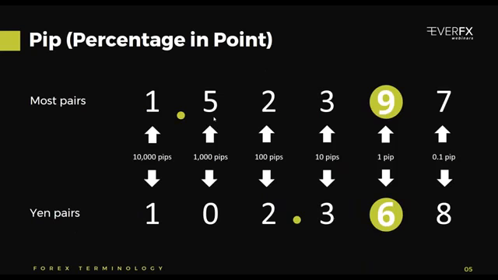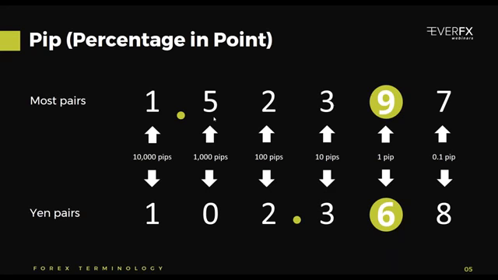Joseph is asking in regards to pips. Joseph's question says, when you're counting your pips, does it matter the size of the trade you open? Are you still making the same or losing the same? Well, Joseph, yes, absolutely, it does matter the size of position you open.